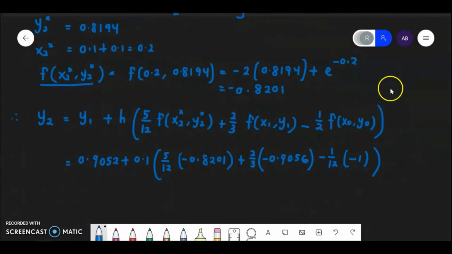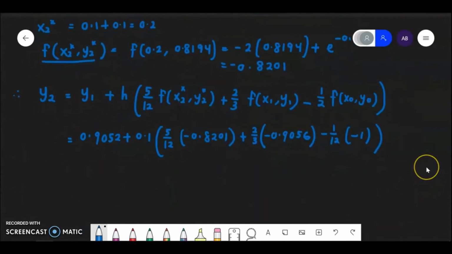So all you gotta do is use your scientific calculator or MATLAB or online calculator to find this answer.